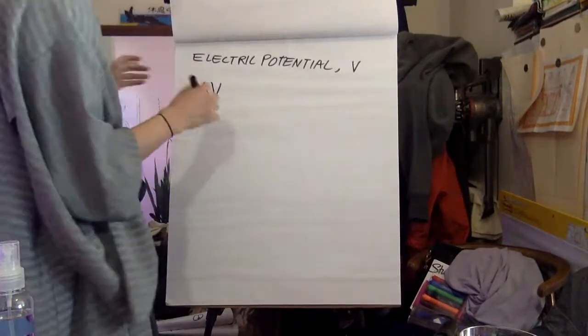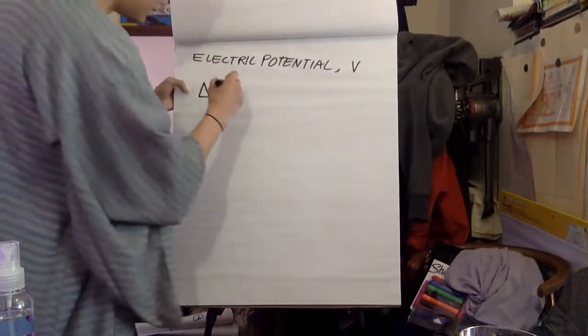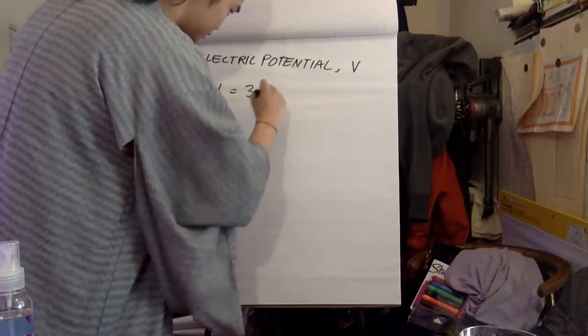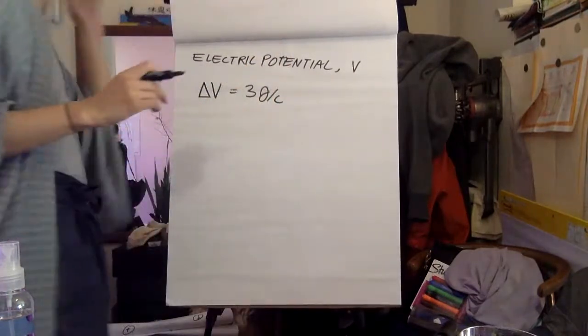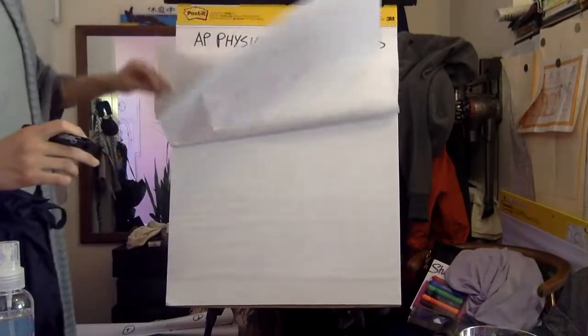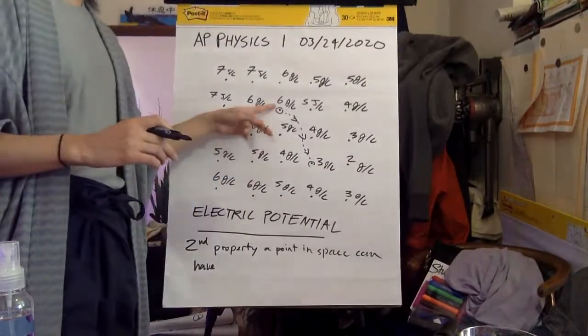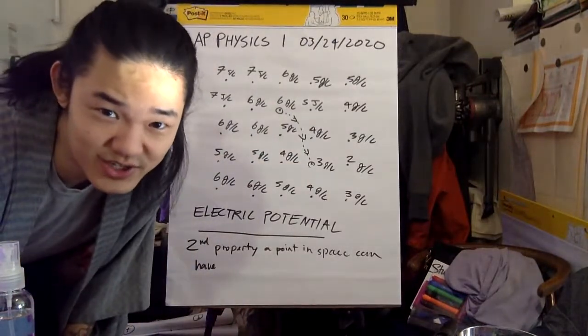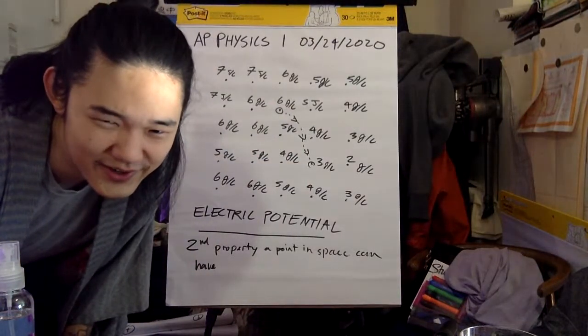So the change in V, we would say, was 3 joules per coulomb. Or was it? If I started at 6 and I ended up at 3, would I say my change is 3?